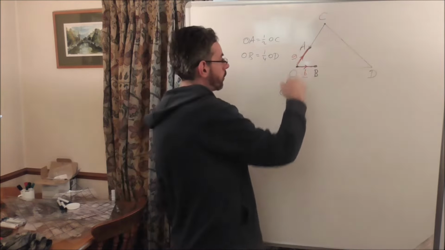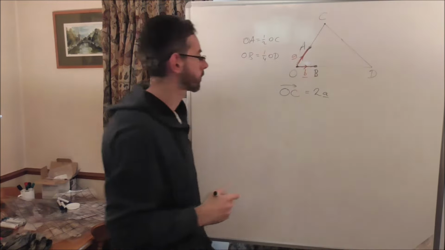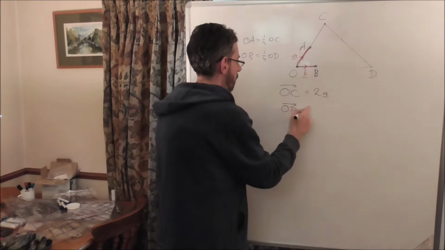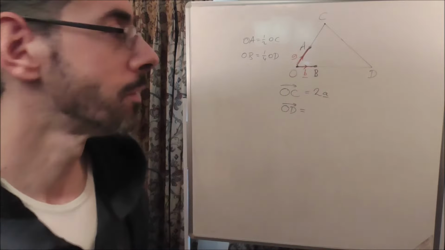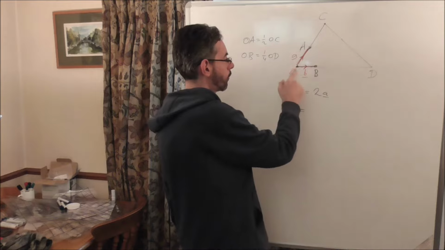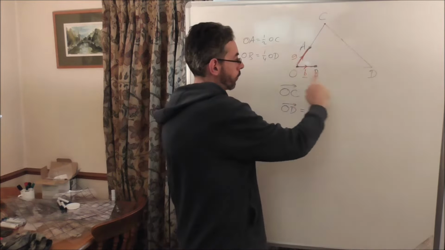So if O to A is little a, then O to C must be 2a. What about O to D? Well, it's kind of similar. The journey from O to D is 4 times the journey from O to B and in the same direction. So it's 4b.